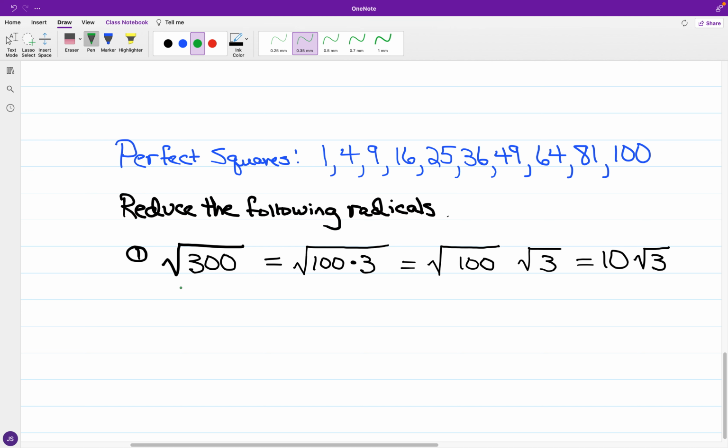Now I'll show you another approach. Let's say that one were to neglect 100 and start low, say 4 will go into 300 75 times.